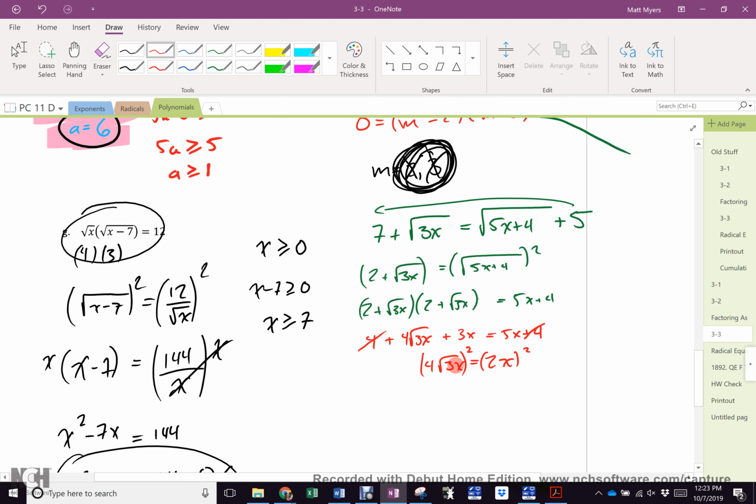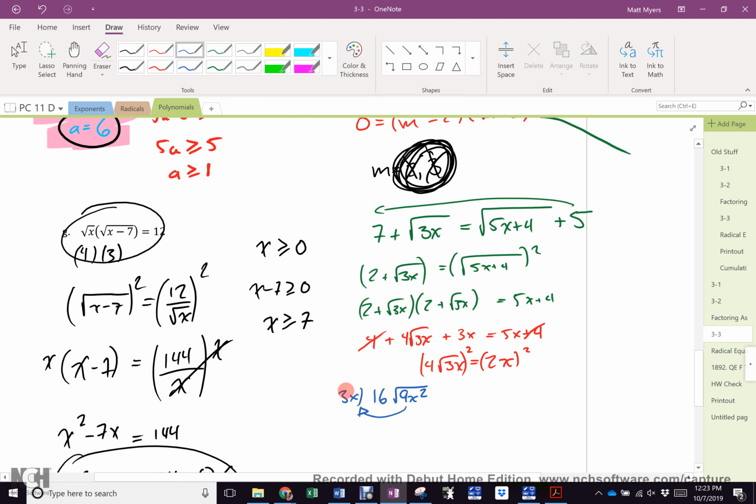So what is that going to give me over here? If I write it all out the long way, what should it give me? 16 root 9x squared, yes? What is the root of 9x squared? 3x. So that's coming out here, 3x.